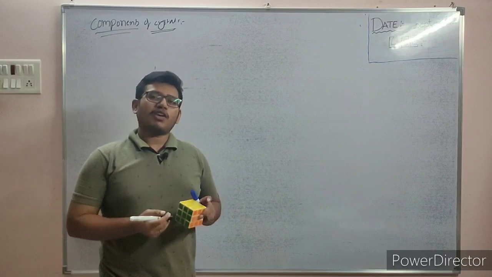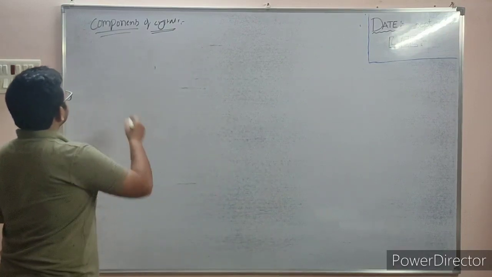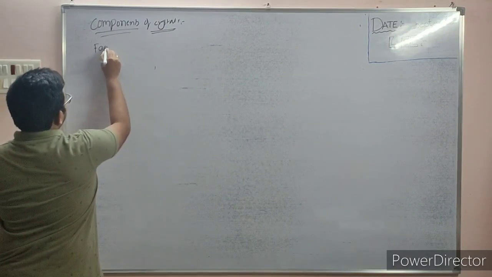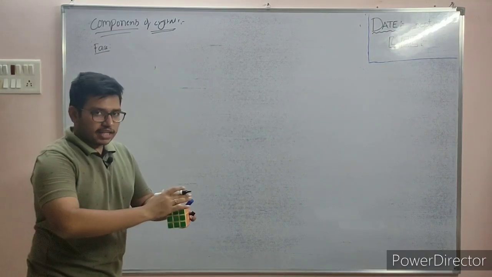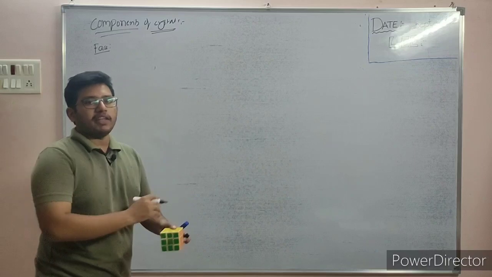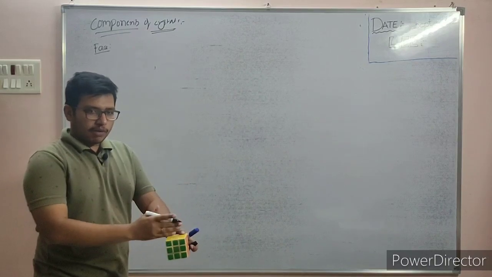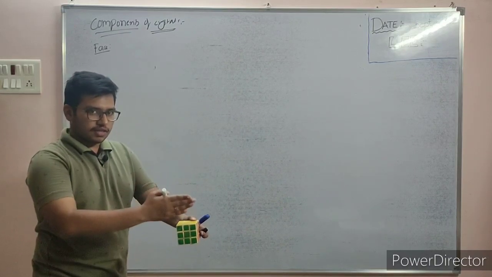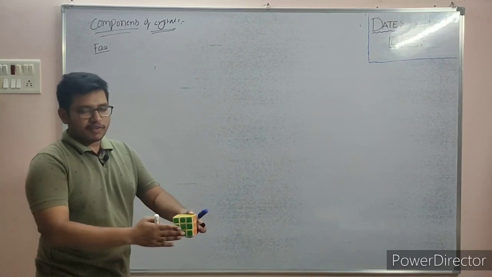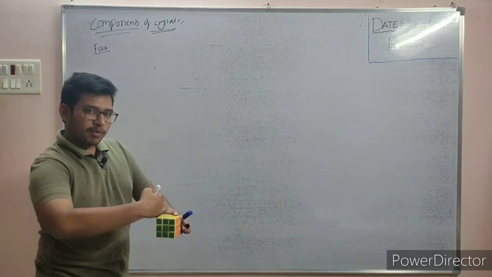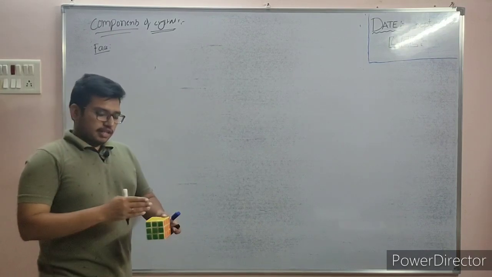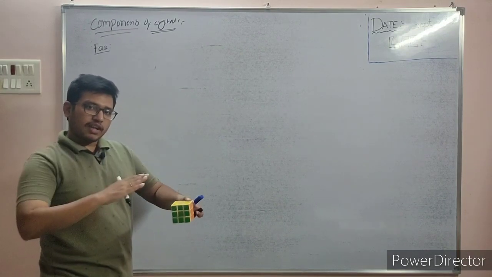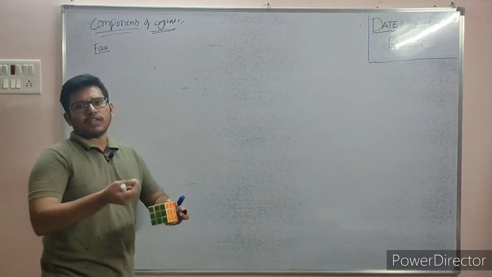So face is a component of a crystal. This face is an external expression of internal atomic planes. If the internal atomic planes are arranged like this, then parallel to this the face has been arranged. If these atomic planes are arranged in a diagonal way, the face can appear also in a diagonal way.